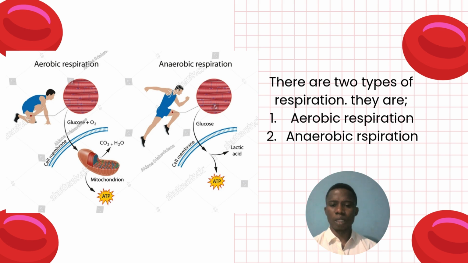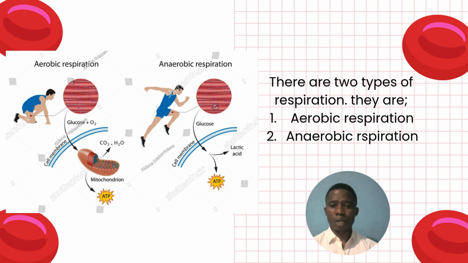In that process, it produces lots of ATP, which is adenosine triphosphate, in the body cells, and it is used for sustained activities like the runner shown in the picture, as you can see.